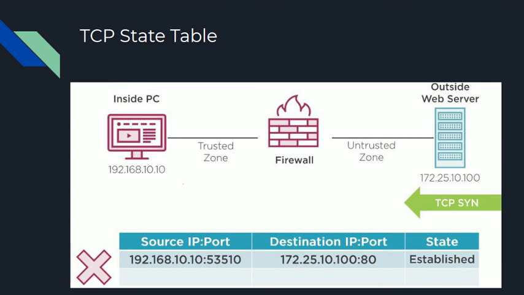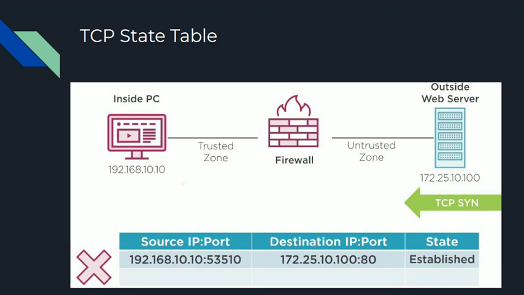The only TCP SYN messages that can flow through the firewall are the ones that flow from the trusted zone to the untrusted zone, not the other way around. So this is going to be denied and thrown away.